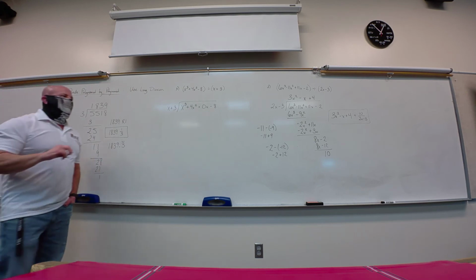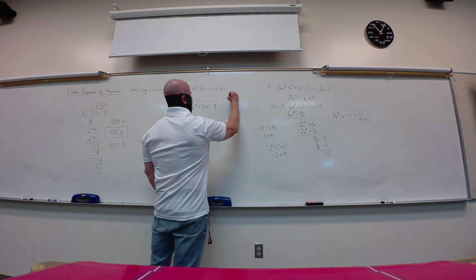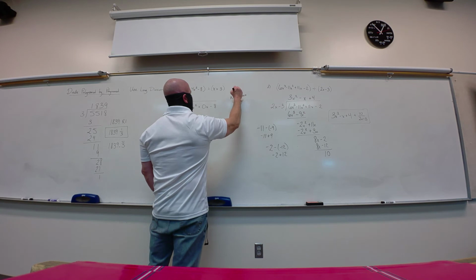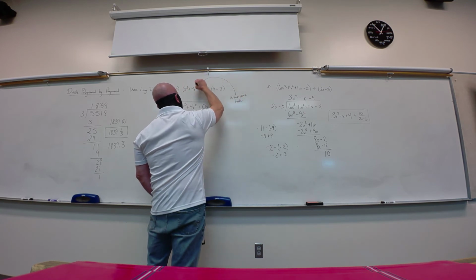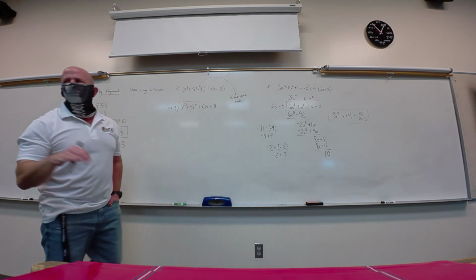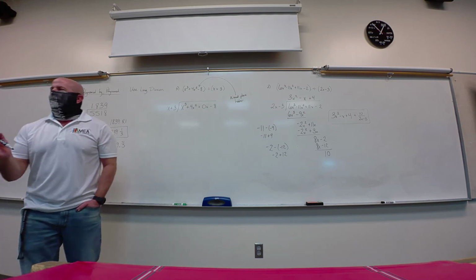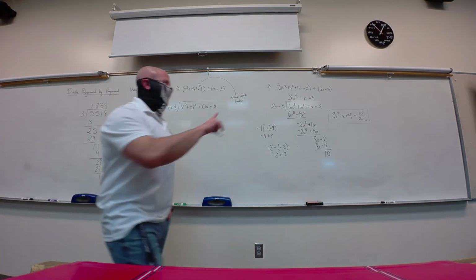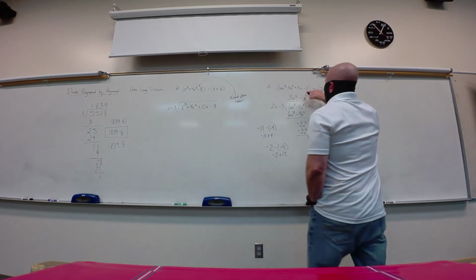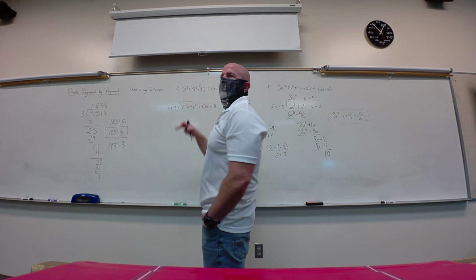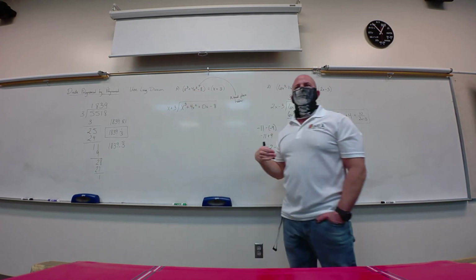That's where we need a placeholder. So our polynomials, remember the descending order of power, we should see every place value taken care of. 3, 2, 1, nothing. 3, 2, I'm missing the x. There's where my placeholder's coming in.